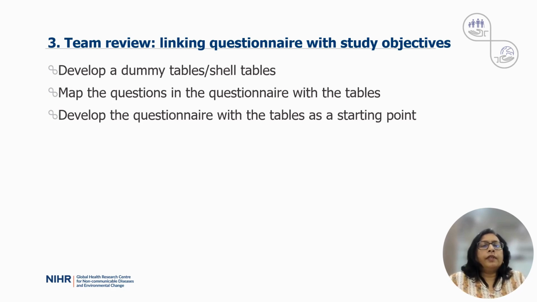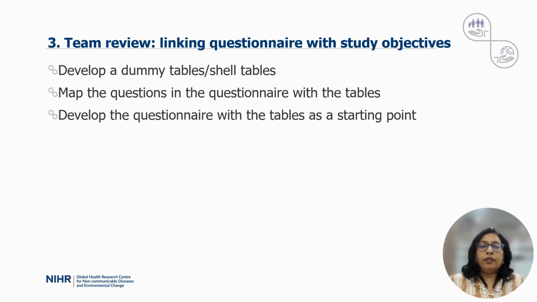So developing a dummy table or a shell table for a given data at the very beginning of your study is a good practice. Once it is done, you might map the questions to see if the questions in the questionnaire are able to give this table in the future when you are going to analyze, or you can use that table as a starting point for developing your questionnaires.